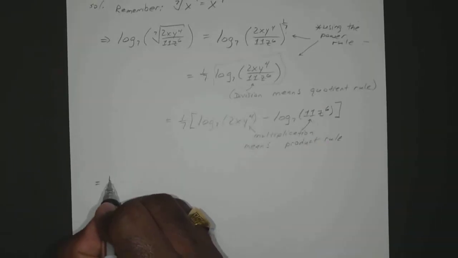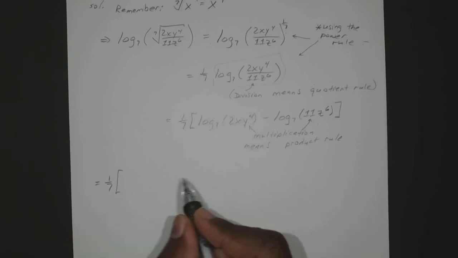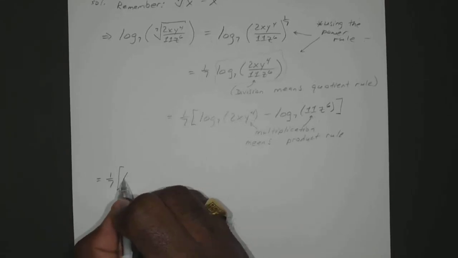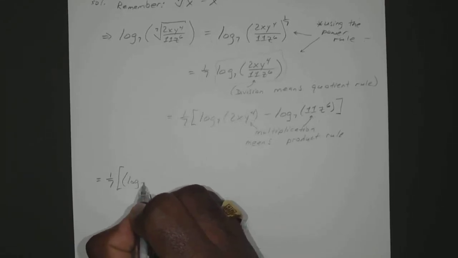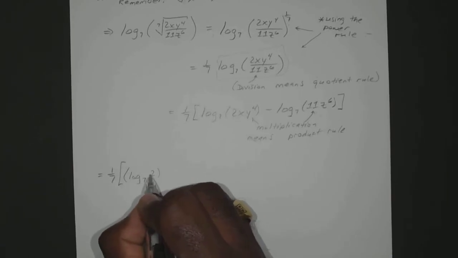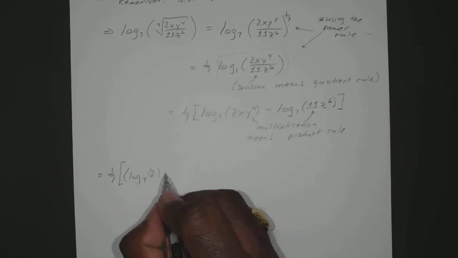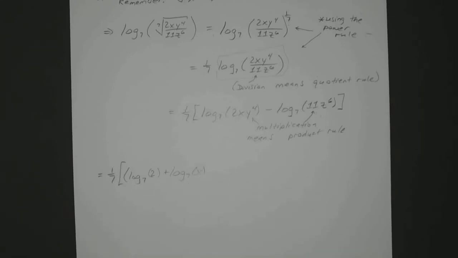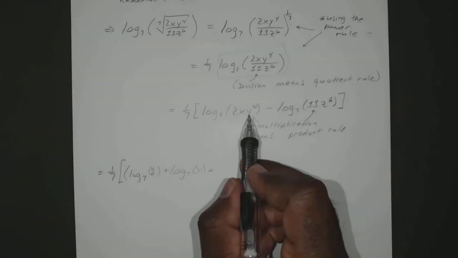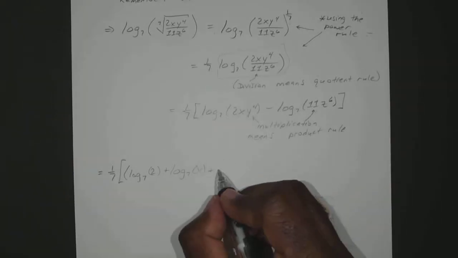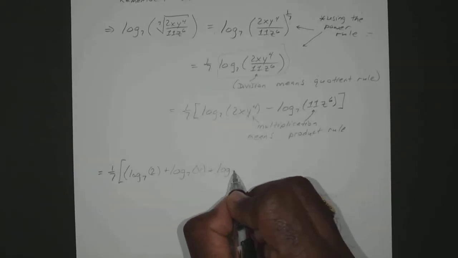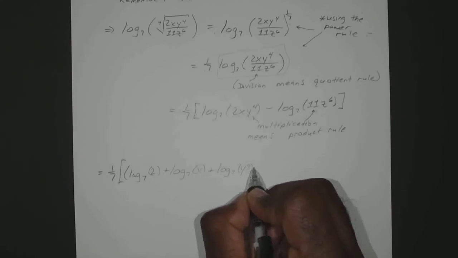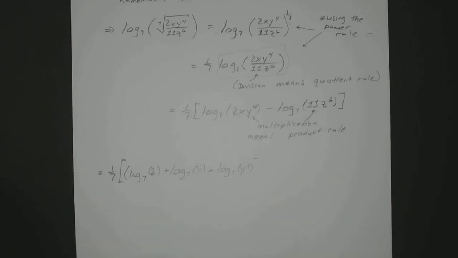Okay, so that's equal to 1 over 7. This becomes log base 7 of 2 plus log base 7 of x plus log base 7 of y to the 4th. Actually need that. Okay, and close the parentheses there.